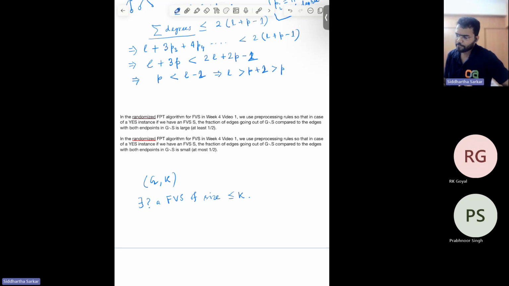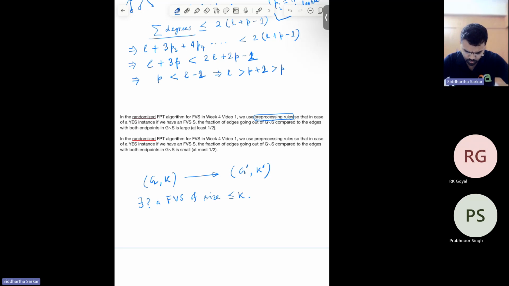The algorithm has two steps. In the first step, some pre-processing rules are applied. With these reduction rules, you get from (G, k) to a graph (G', k').